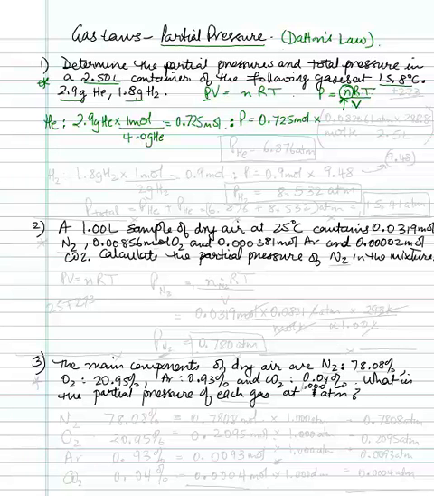This is still multiplied by 0.08206 liters atmospheres over mole Kelvin. The temperature that we have is 15.8, which remember you have to add 273 to, and when you do that you get 288.95 Kelvin, and then divided by the volume, which is 2.5 liters.